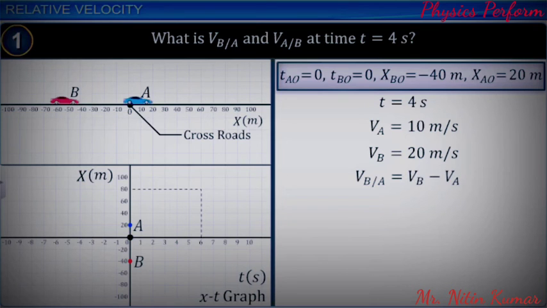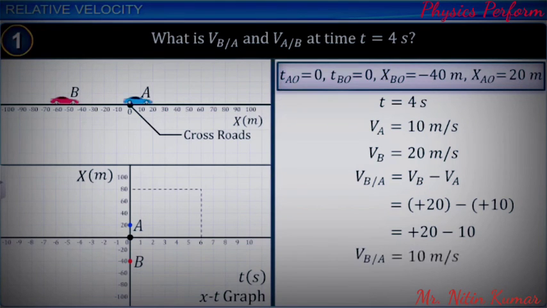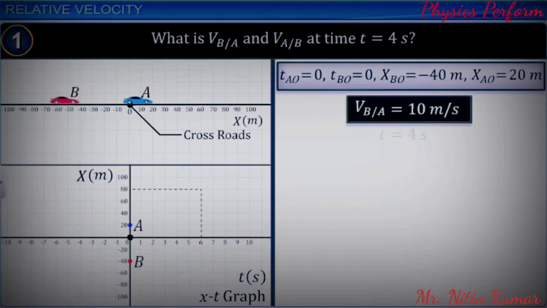Here, Vb by A is equal to Vb minus Va. On substituting and simplifying, we get Vb by A equal to plus 10 meter per second.